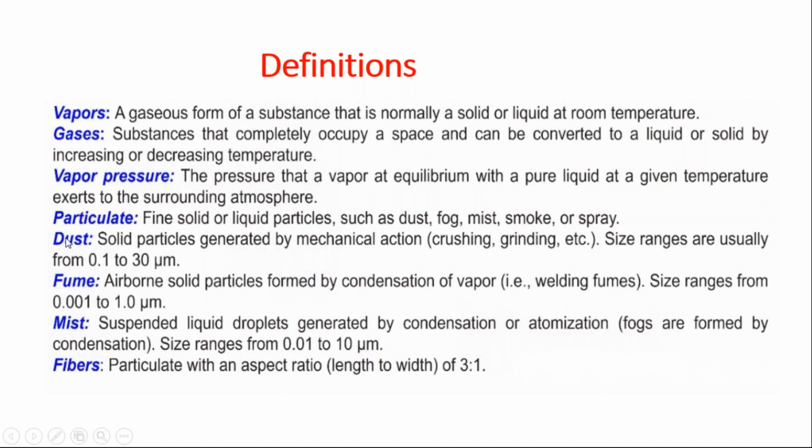And then dust. Dust is a solid fine particle, particularly one generated by mechanical action like crushing of stone, like grinding. The particle size of dust may range from 0.1 to 30 micron.